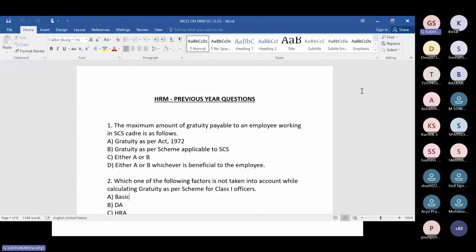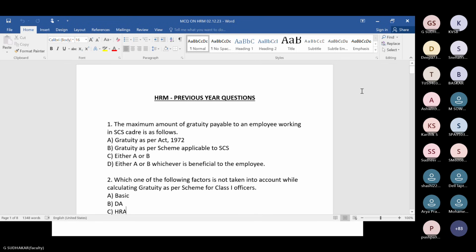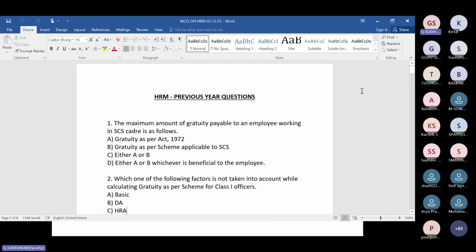Okay. Second question. Sir, can you please repeat once again, which one I have to explain? Yes, sir. The limitations for SCS cadre and officers cadre. For SCS cadre, the gratuity is A plus B. A is gratuity as per Act, B is as per scheme. You have to add the two parts, and the sum should not exceed 20 months of his salary.